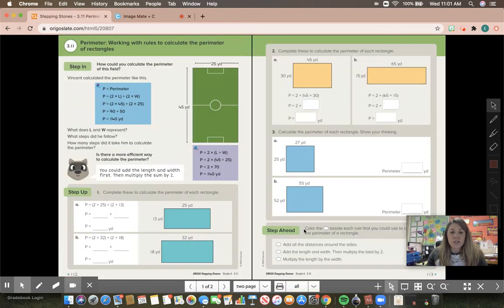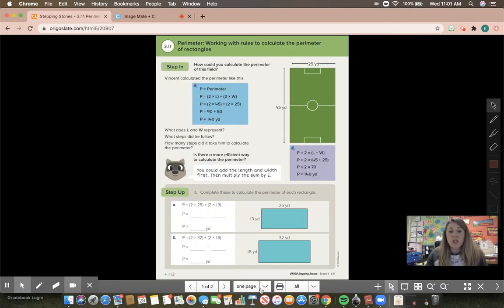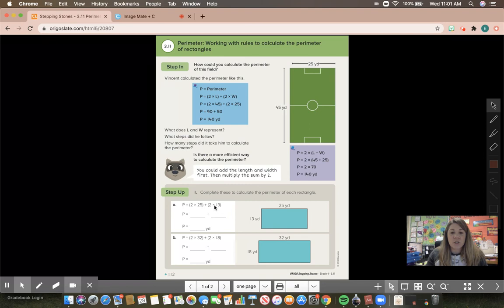In your student journal today on page 112 and 113, you're going to be practicing both strategies. On page 112, it starts with our original strategy of finding the perimeter, doing twice the length and twice the width, and adding those totals together.